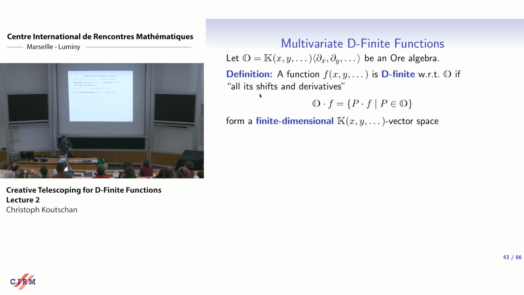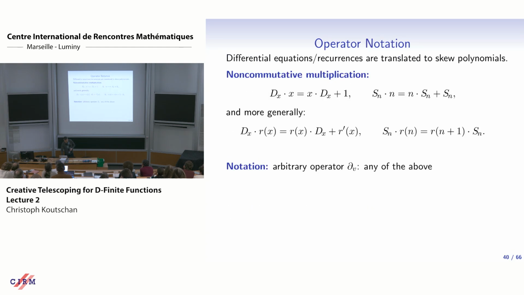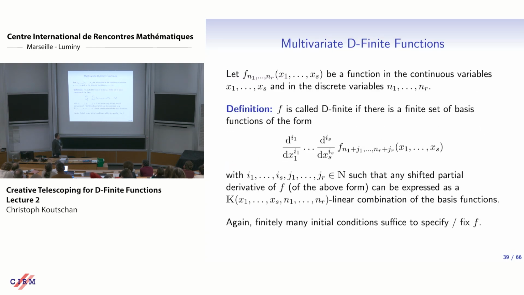So if the set of all its shifts and derivatives, so that means if you take any member P of your operator algebra and you apply it to f, well, then you get something where you have differentiated and shifted and so on. And so if all these functions form a finite dimensional vector space. So this is really the same thing as this one, right? That there's a finite basis of functions over the field of rational functions in all these variables.